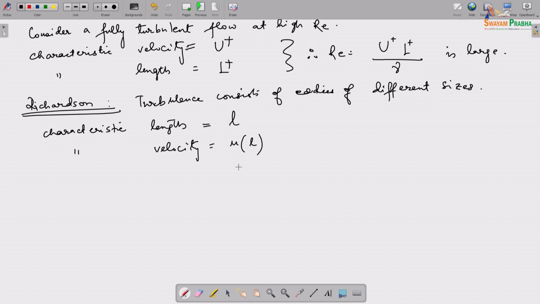Therefore, the characteristic time scale is equal to L by U.